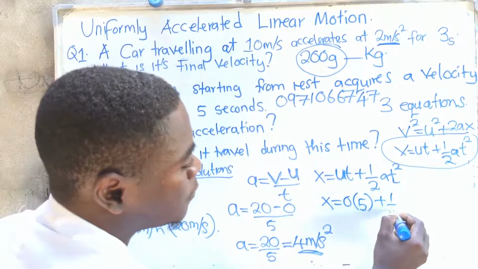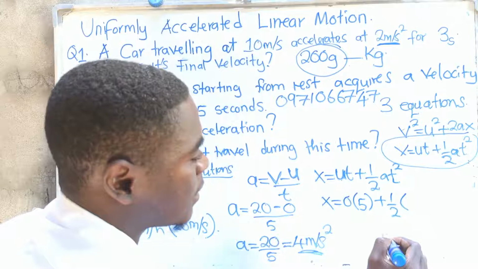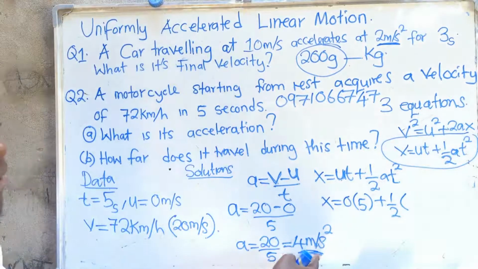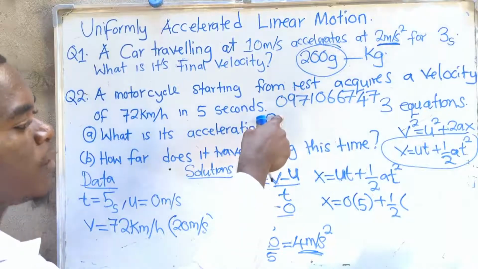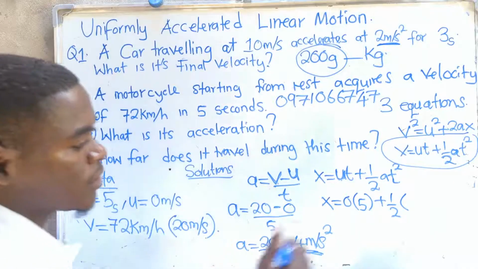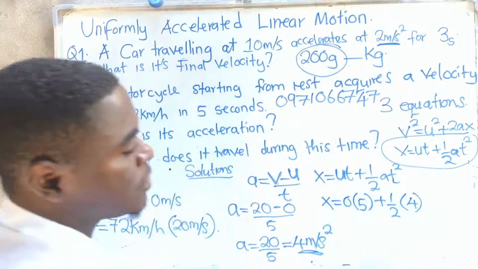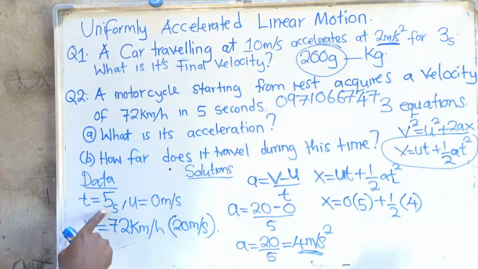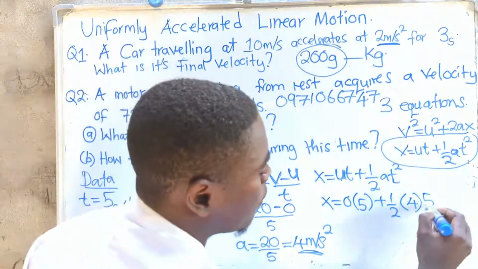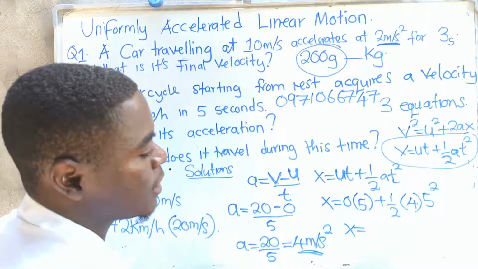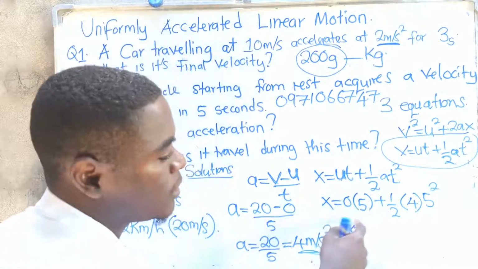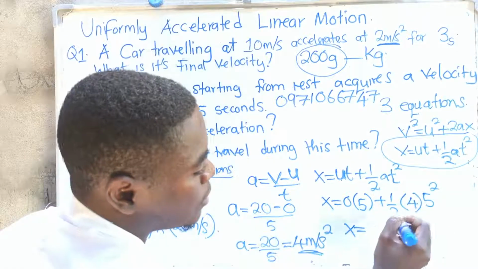Plus half. What is your acceleration? Oh, my acceleration is here. So meaning this question is interrelated. You fail this, you also fail that one. So 4. What is your time? My time, 5 seconds. So 5 squared. Where x is the distance. This is the 0, I forget about this. So I just concentrate on this.